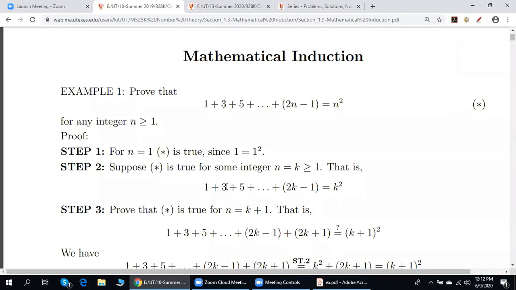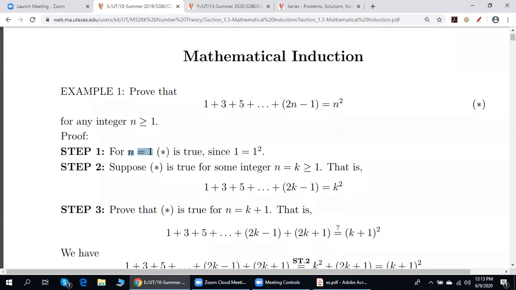Question: can we indeed suppose that this is true for some? The answer is yes, thanks to step 1. In step 1, we indeed showed that this is true for some n, in particular, for n equal to 1.